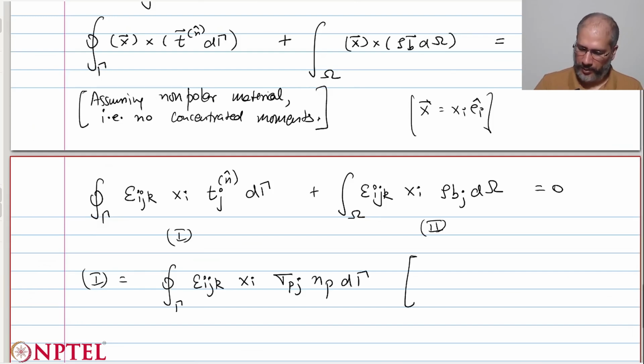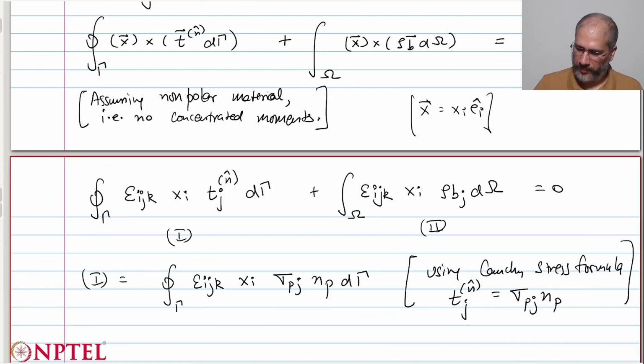I'll write it down using the Cauchy stress formula, which states that t_j in this case is sigma_pj n_p.